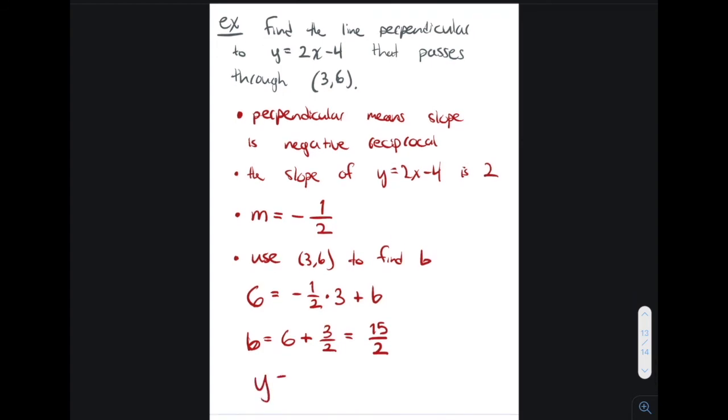Altogether, that gives us y equals negative 1/2 x plus 15/2. That'll be it for 1.3.